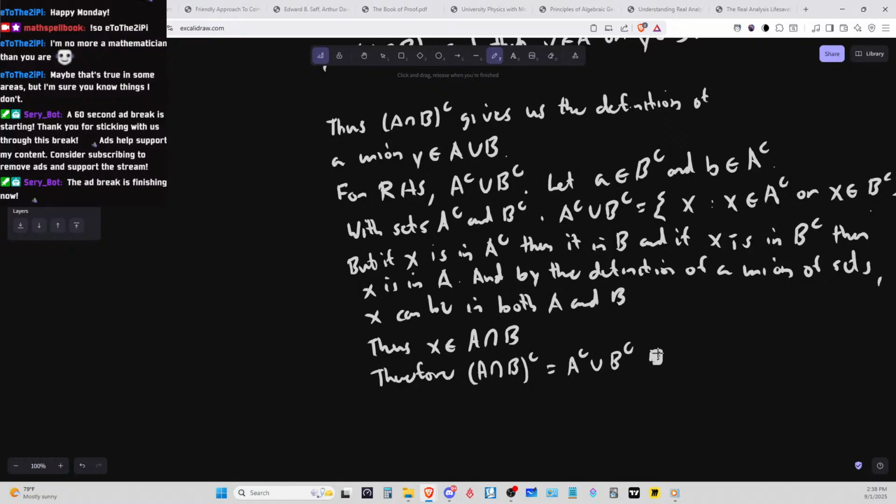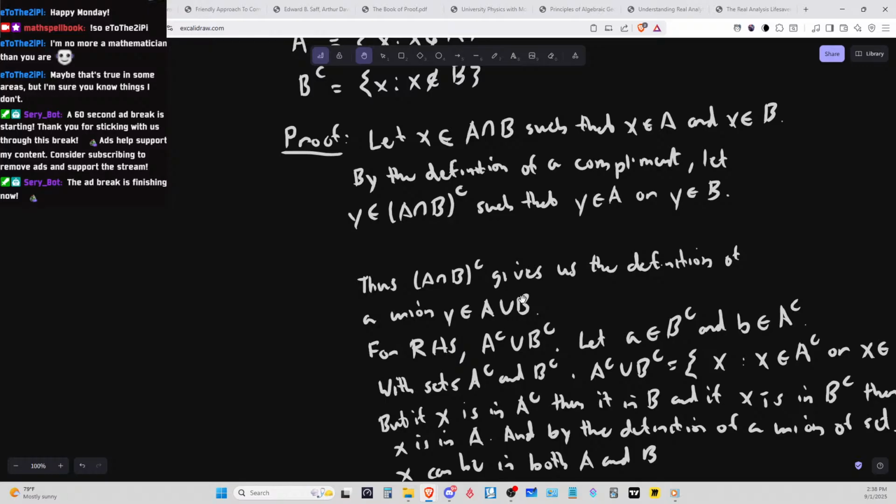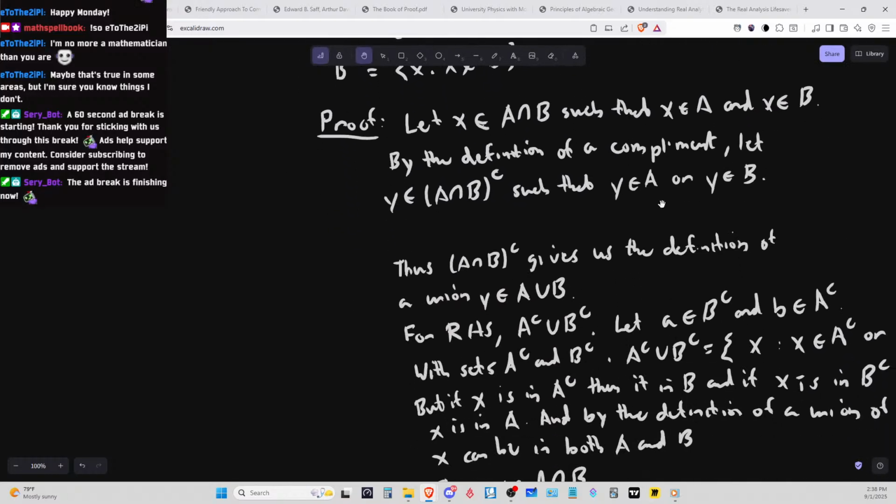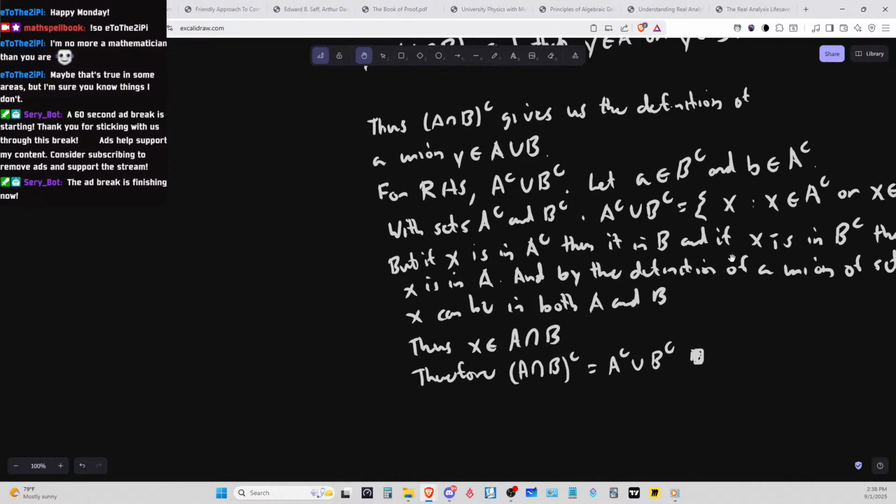I feel like it is right the way we wrote it, because we got the quote-unquote complement of the union and the complement of the intersection, because that's what we wanted.